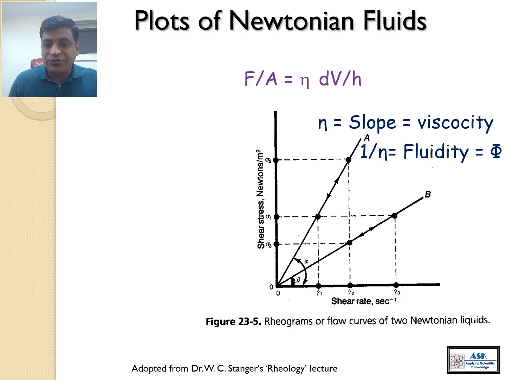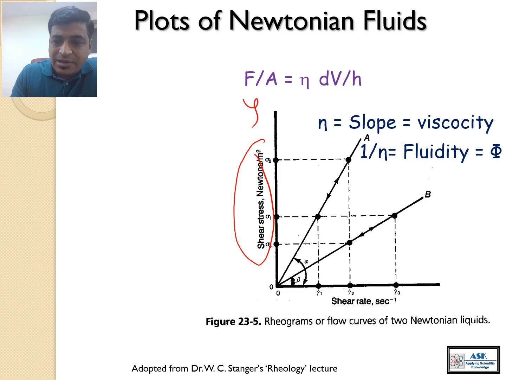So let's talk more about the plot of Newtonian liquids. It's now clear that when you have shearing stress on the y-axis and shearing rate on the x-axis, we directly get viscosity, and 1 divided by eta is equal to fluidity. Now let's think about liquid A and liquid B. What is the unique thing about liquid A?